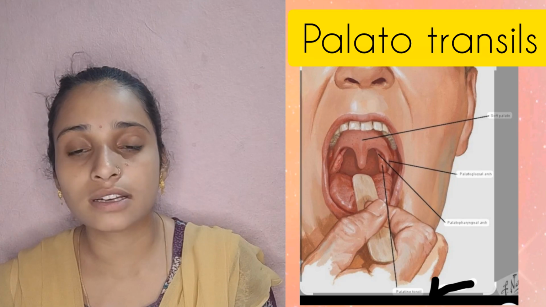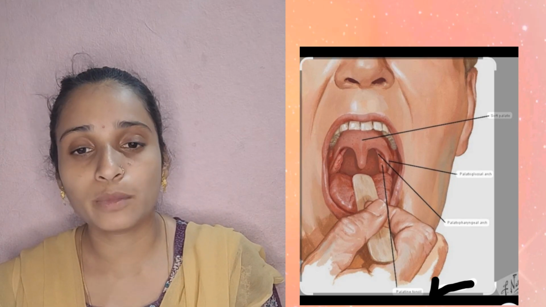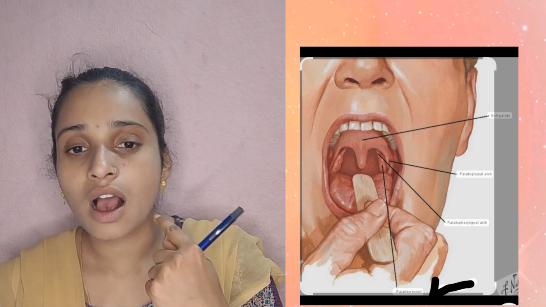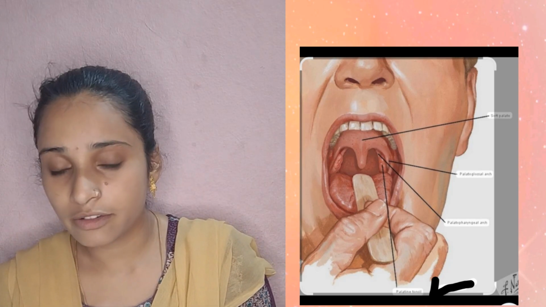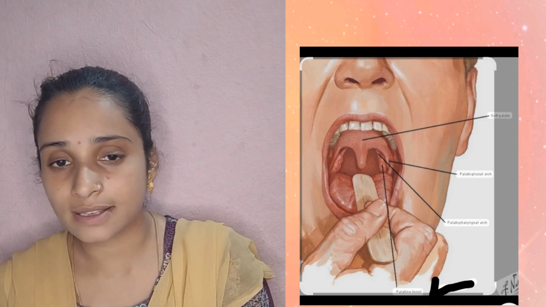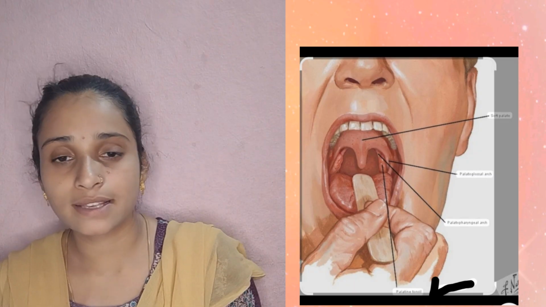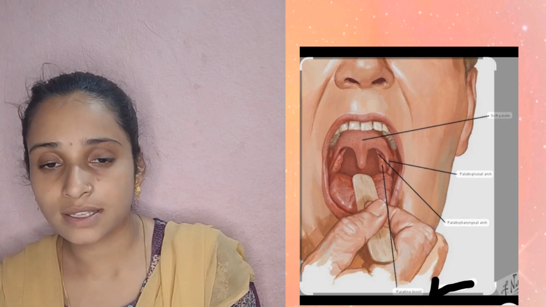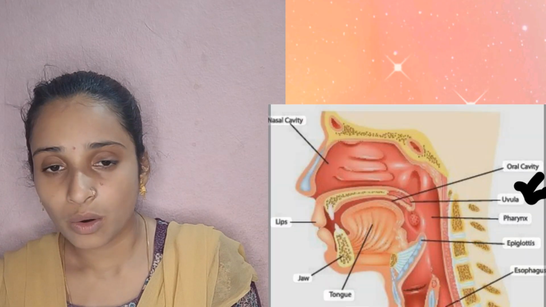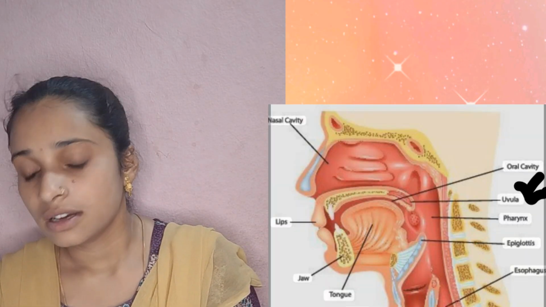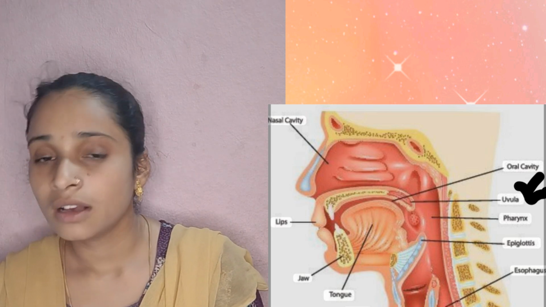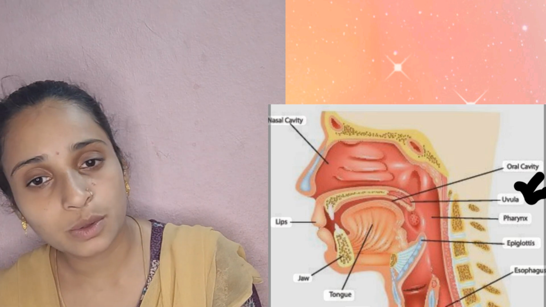Next, the palatine tonsils are also present on both sides of the jaws, near the pharynx or fauces. Beside the fauces, the tonsils are present, called the palatine tonsils. Next, the oral cavity and nasal cavity are separated by the septum.